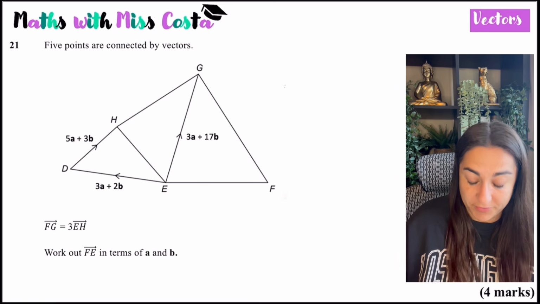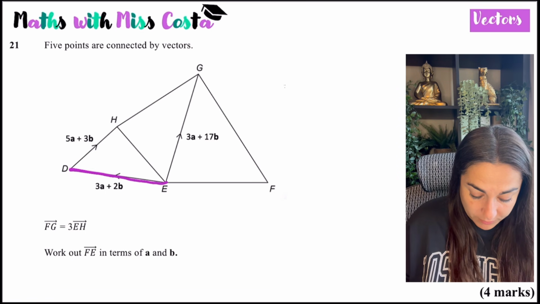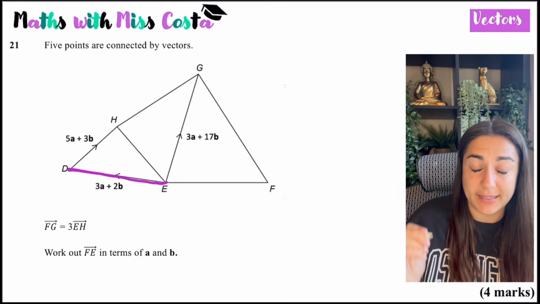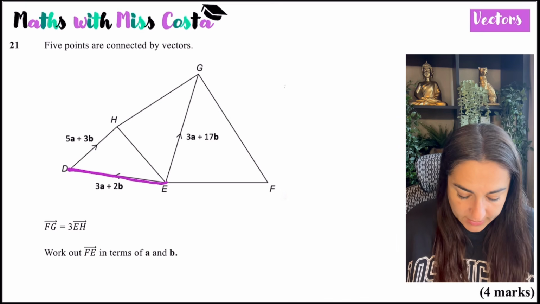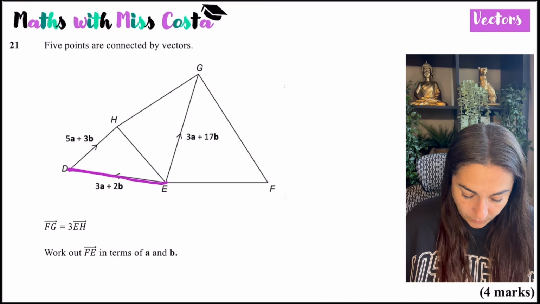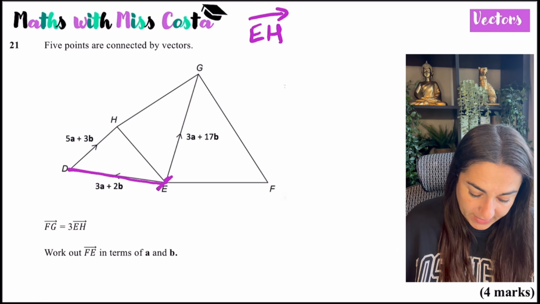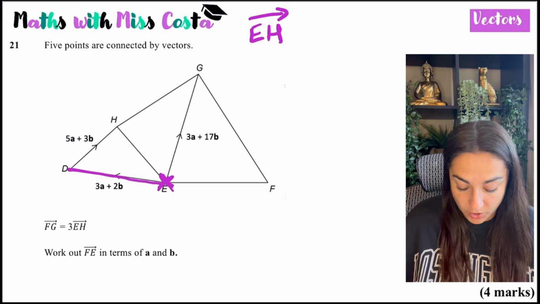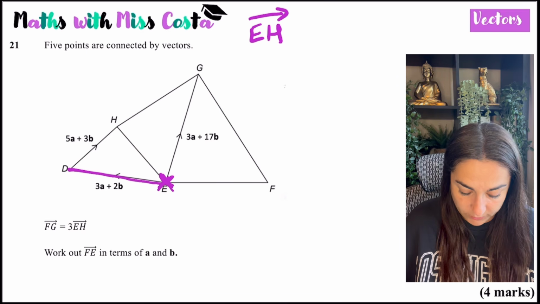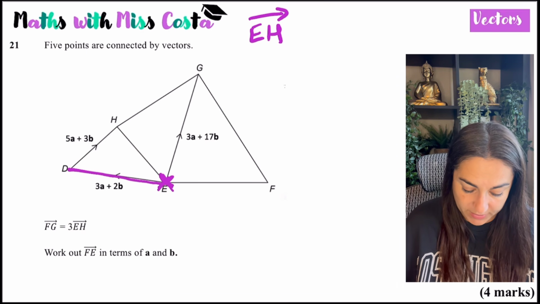I always have to go through the named roads, even if it seemingly makes my journey longer. So here, to work out EH, for example, you start from E and then you have to go through your named routes. So here you've got this vector here that is 3a plus 2b, and then you can go through this vector here, and that is how you work out EH.